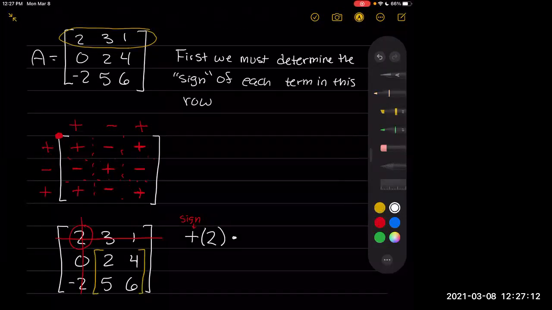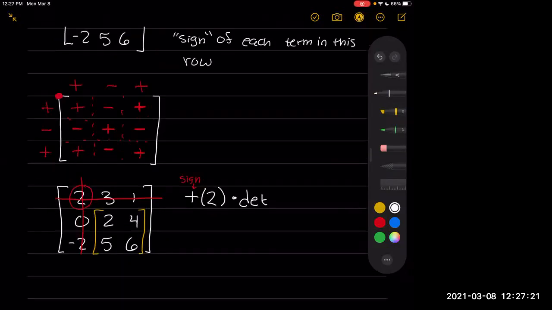Now we need to take the determinant of this submatrix, which we know how to do because it's a 2 by 2. So we get +2 times the determinant of this matrix: 2, 4, 5, 6.